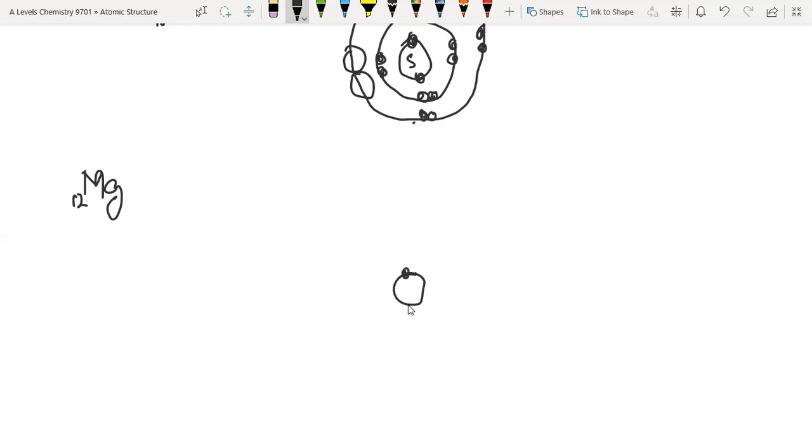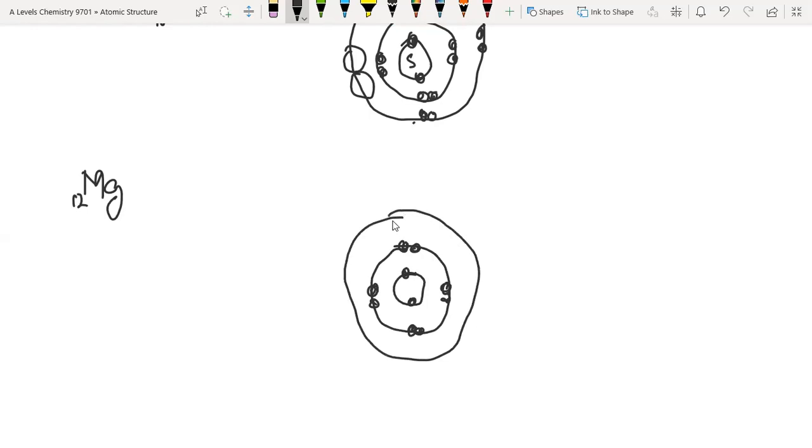First shell will have 2 electrons, second will have 8, and third will have 2 electrons.